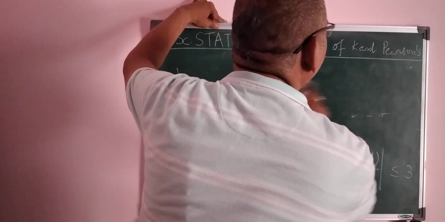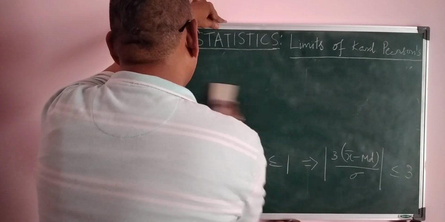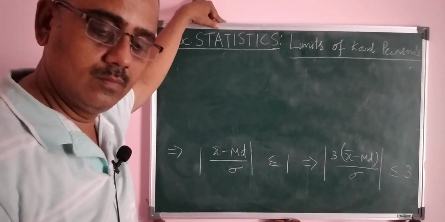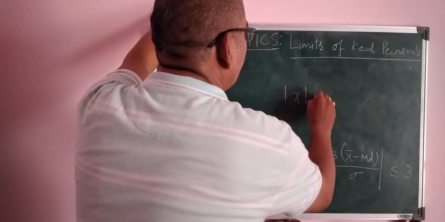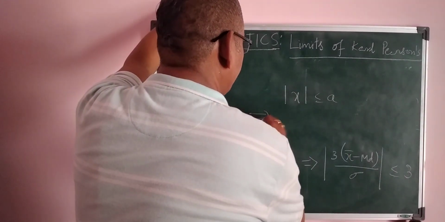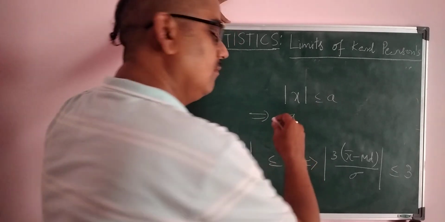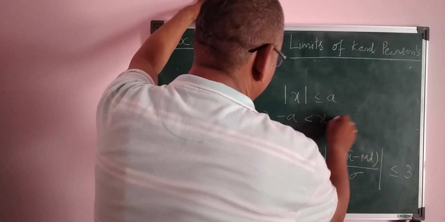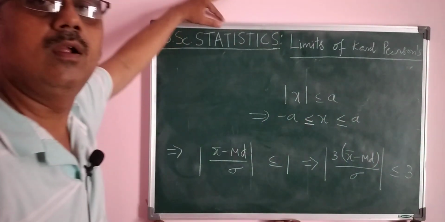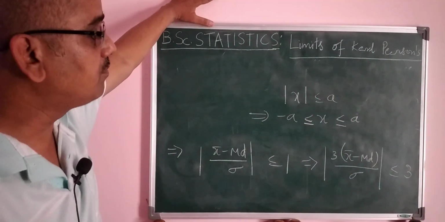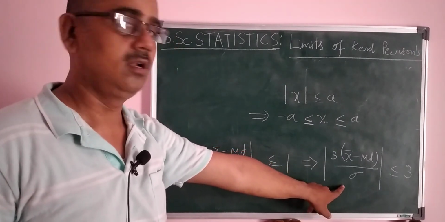And we know another particular result: if modulus of x is less than or equal to a, it lies between minus a and a, that is, minus a is less than or equal to x, less than or equal to a. So I am using this result.